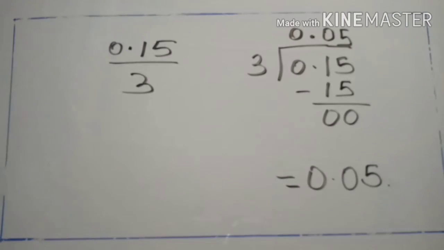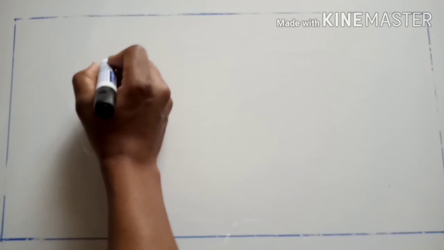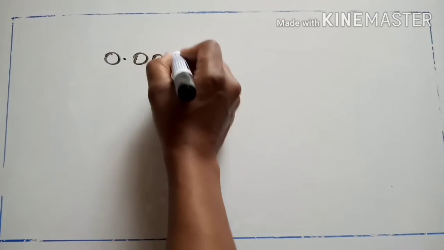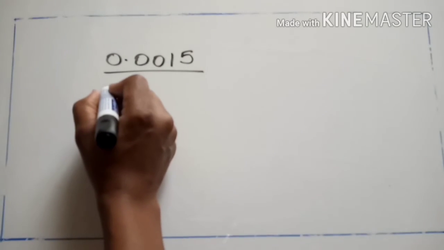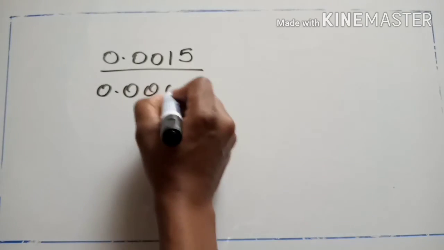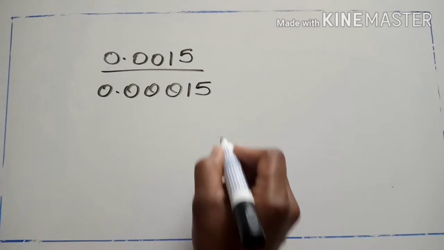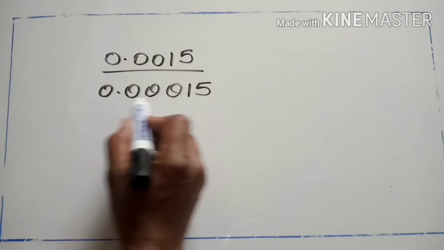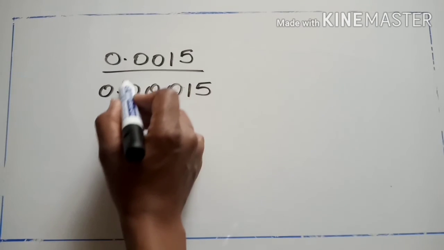So the point to remember is that anytime you're dividing by a decimal, you have to make that decimal a whole number for you to have an easy time when you're dividing. So if I was dividing the same number, 0.0015, by 0.00015, and I want to remove these decimal places, how many are they? 1, 2, 3, 4, 5.